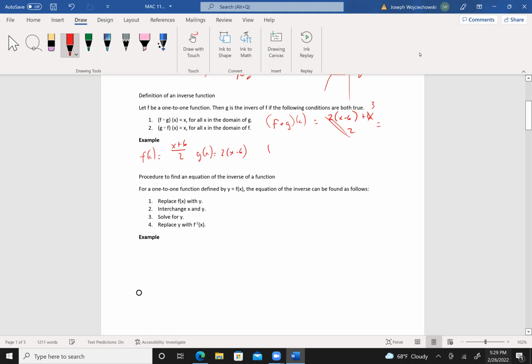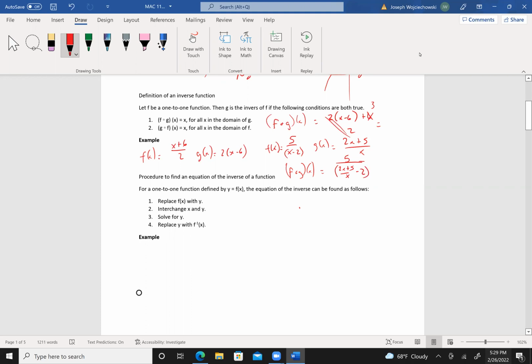Let's look at another set. How about f of x equals 5 over x minus 2, and g of x equals 2x plus 5 over x. So we'll start with the composite of f and g of x. So I have 5 over 2x plus 5 over x minus 2.